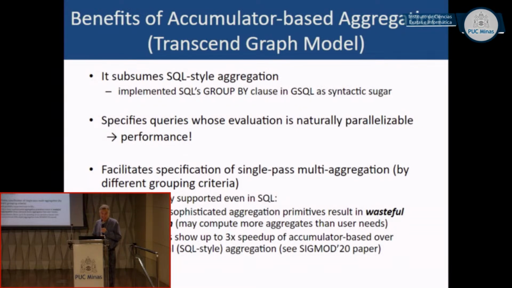And this facilitates specification of single-pass multi-aggregation queries that are only partially supported in SQL, as I said. Even the most sophisticated aggregation primitives will compute wasteful aggregation that you don't need. We ran some experiments showing pretty significant speed-ups of accumulator-based aggregation versus group-by SQL-style aggregation that we published in a SIGMOD paper 3 years ago.